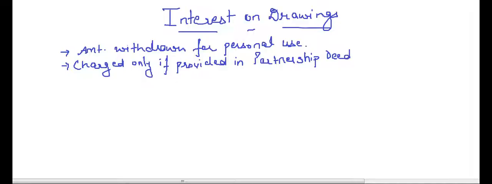Now, what we are going to discuss is the calculation of interest on drawings. We are given the amount of drawings, that is the amount that has been withdrawn by the partners from the business, and we are given the rate of interest on drawings. Now we are to calculate the amount of interest on drawings.